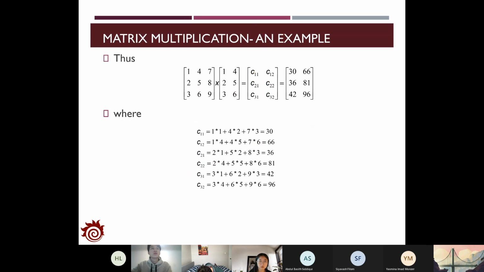Okay, and here we have another example, a detailed actual example about how to do the multiplication.